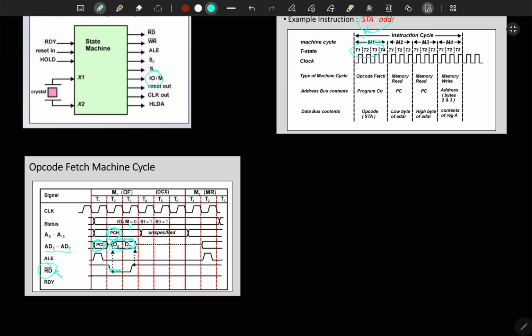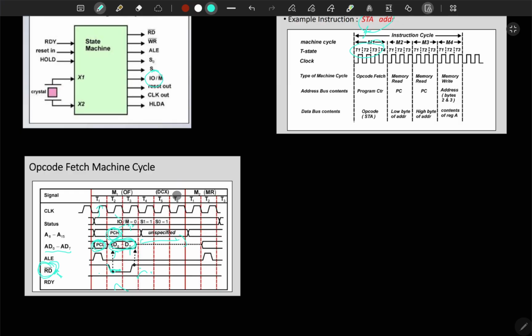Now in the specific T cycles, in T1 it's actually loading the PC low and PC high. The next 2 T cycles are actually loading D0 to D7 because read is low. Then we know that it's unspecified. Specifically in this 6 T cycle, we could make this ready go up or ready go low.